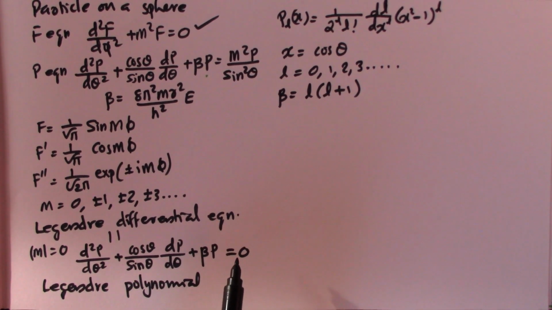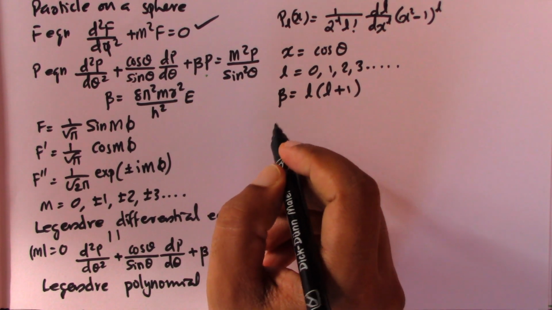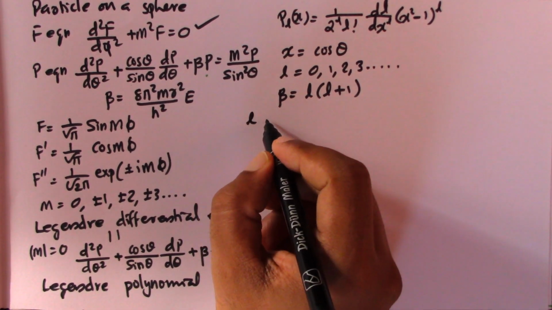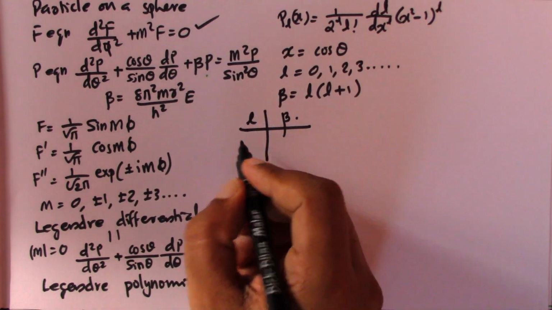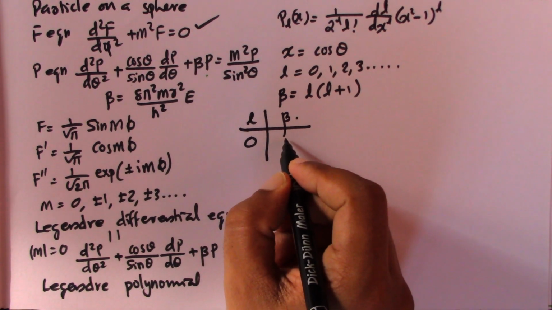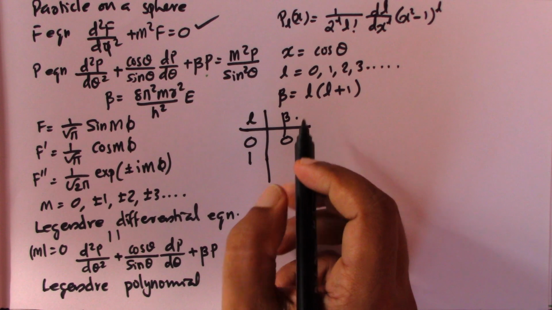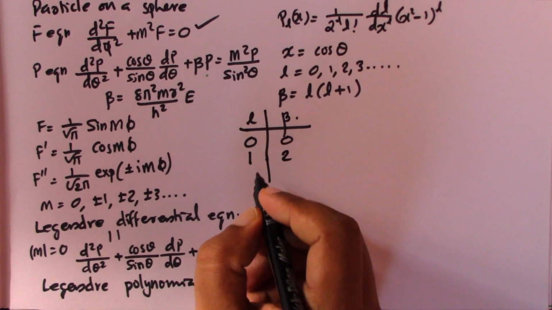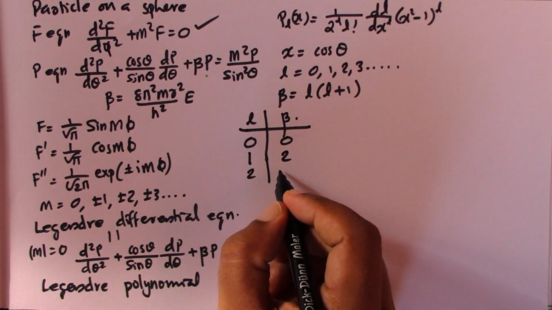That is a quantum mechanical requirement. So we can see which values are possible for beta for different values of L. Let me take L in this column and beta in this column. If L is equal to 0, beta will be equal to 0, and if L is equal to 1, then beta is equal to 1 into 1 plus 1, that is 1 into 2, that is equal to 2, and if L is equal to 2, then 2 into 3, that is equal to 6.